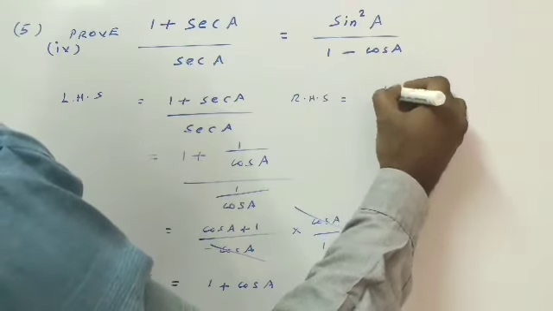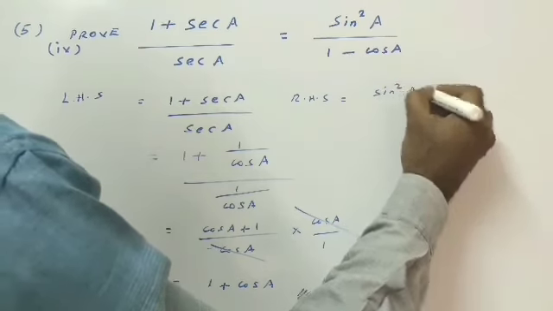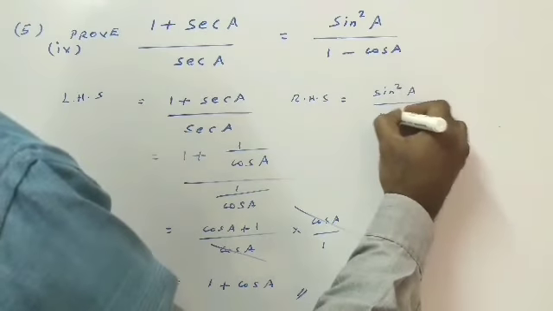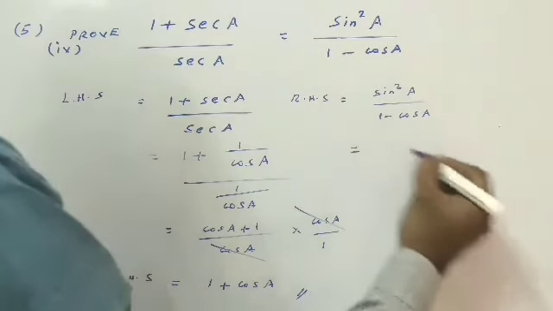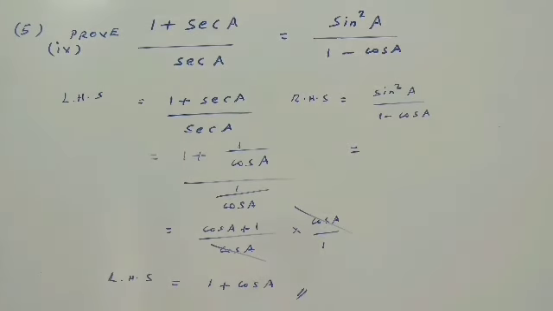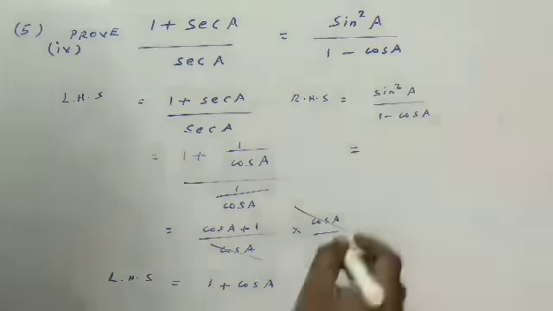Sin square A by 1 minus cos A. We know the identity sin square theta equals 1 minus cos square theta.